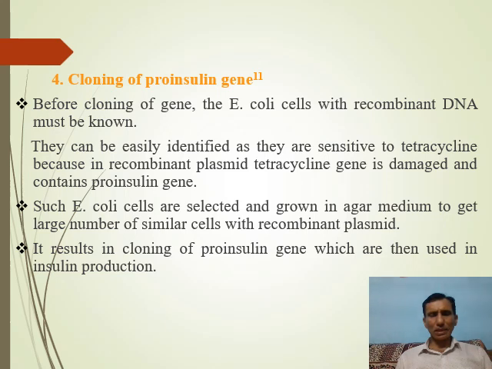Such E. coli cells are selected and grown in agar medium to get a large number of similar cells with recombinant plasmid. This results in cloning of the proinsulin gene, which is then used in insulin production.